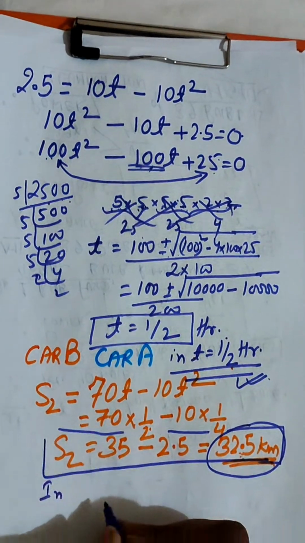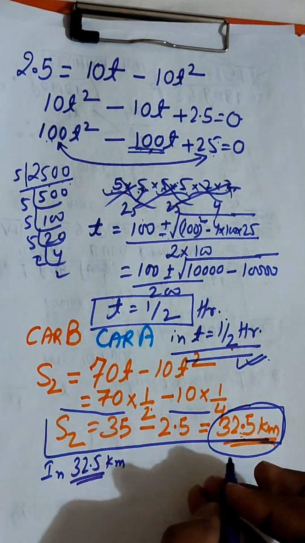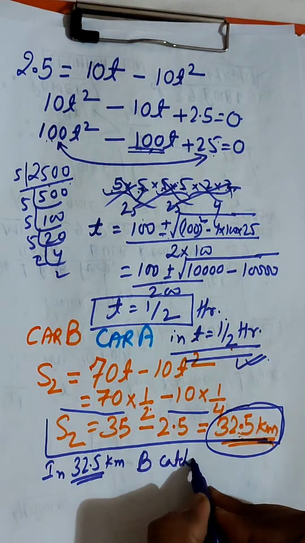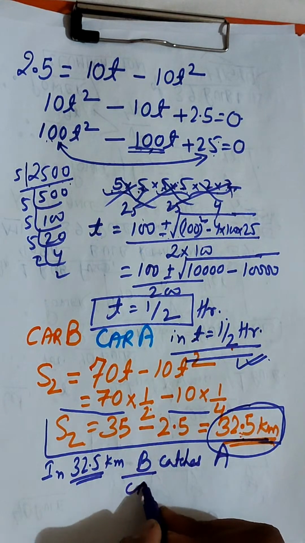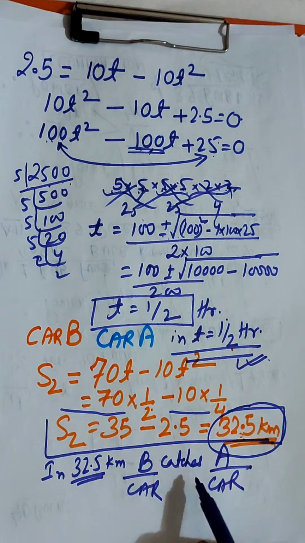I am writing it as 32.5 kilometer. When it travels, B catches A. B means car B, A means car A. This will catch up, right?